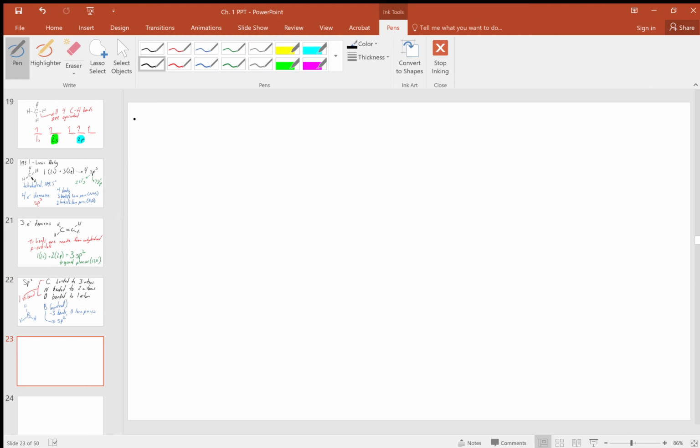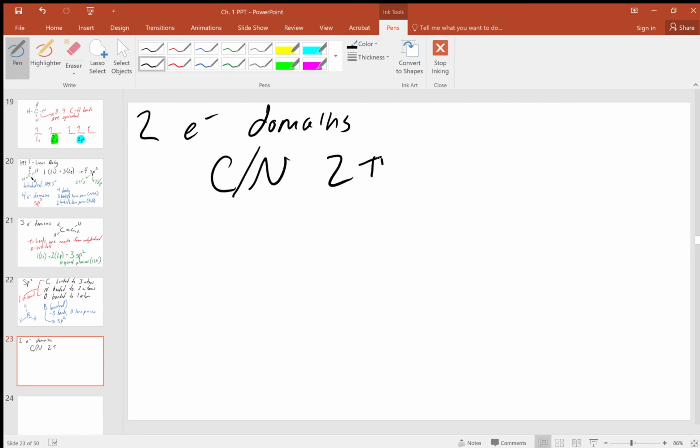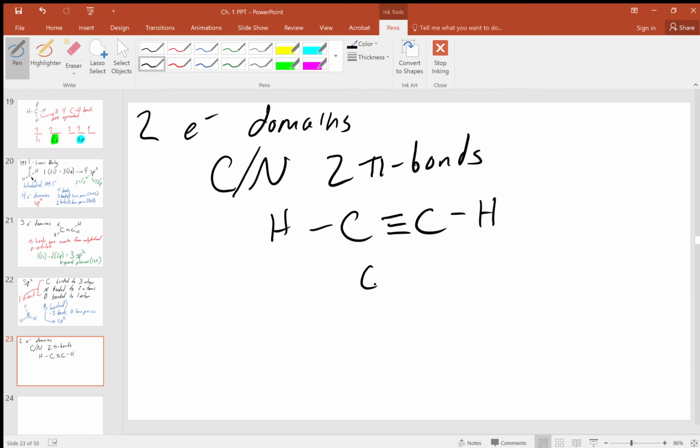All right, finally, if we go down to 2 electron domains, so this would be a carbon or nitrogen with 2 pi bonds. This generally doesn't apply to oxygen at all. So most commonly this would be a carbon with a triple bond. But it could also be a carbon that has 2 double bonds. So we're talking here about this central carbon.